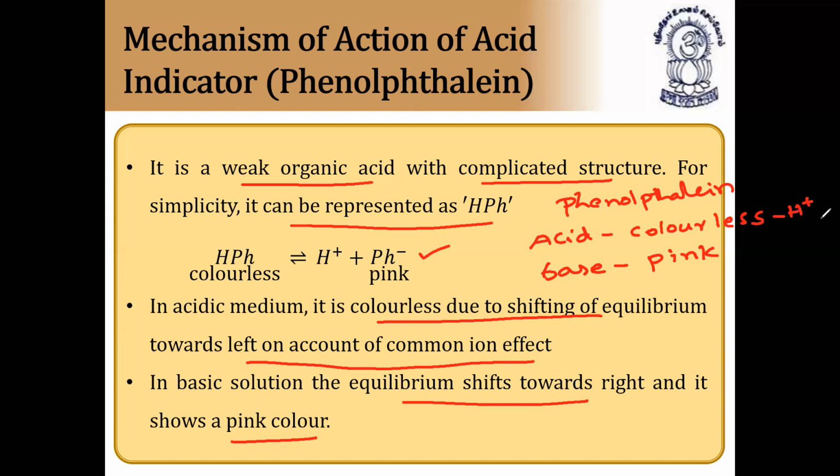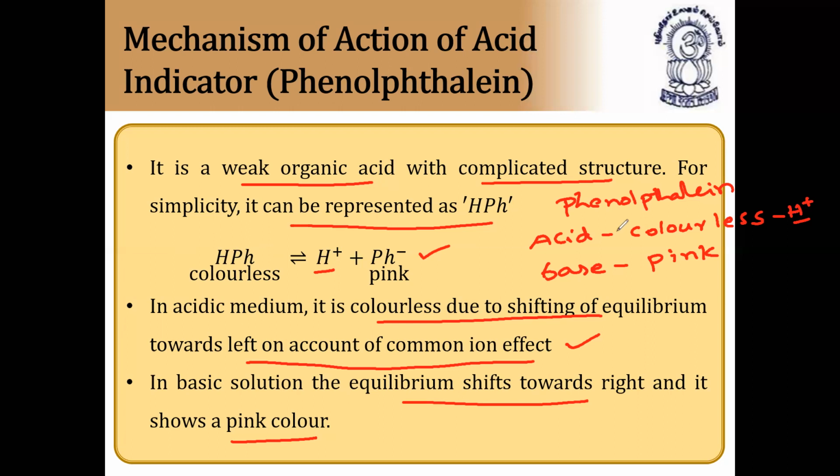So due to the more concentration of ions, equilibrium will shift left hand side on account of common ion effect, because acid contains H plus and phenolphthalein also contains H plus. So equilibrium will shift towards backward reaction, and backward reaction means formation of phenolphthalein again. Due to this, the solution becomes colorless.